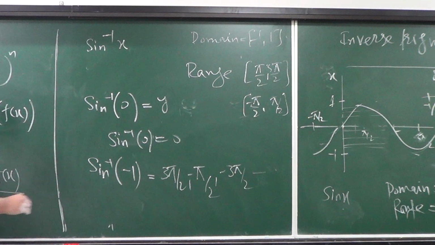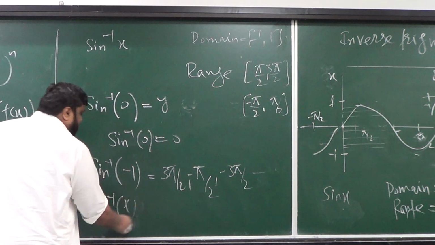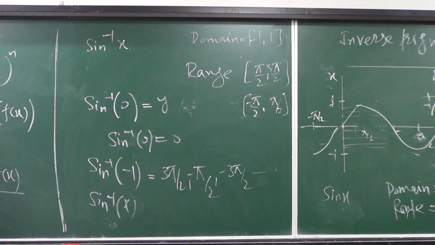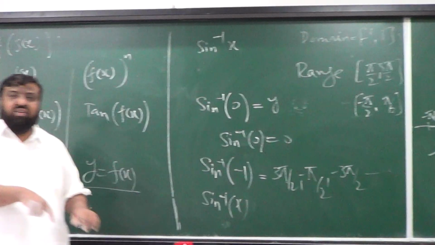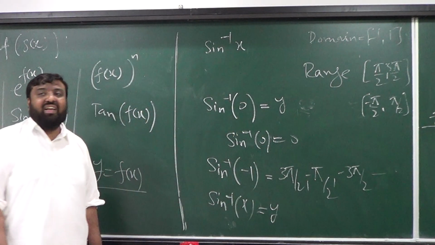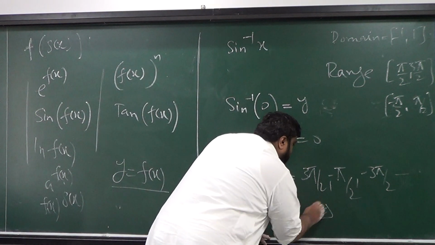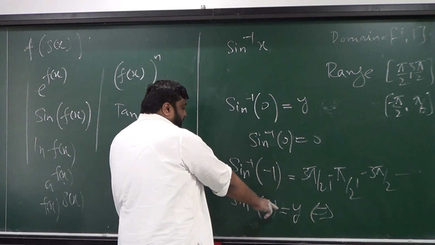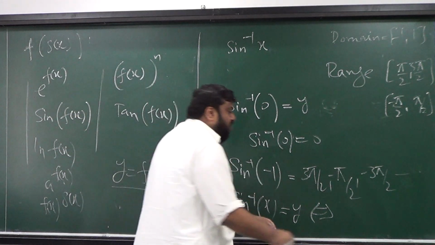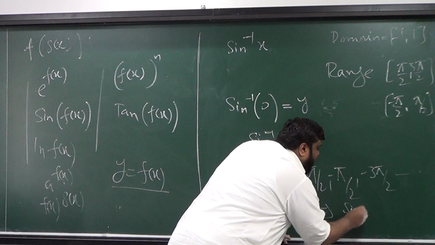So when you are computing, say, sine inverse of some x, what you are saying is, what angle, when I substitute it into the sine, would give me x? If you give that angle a name y, then sine inverse of x is going to be y if and only if y is that angle.